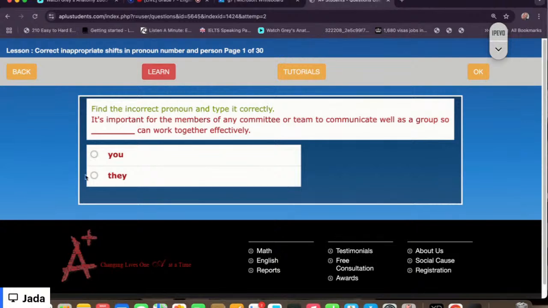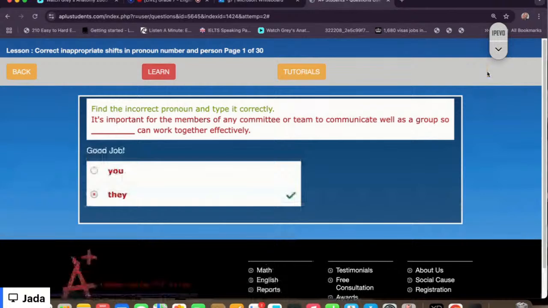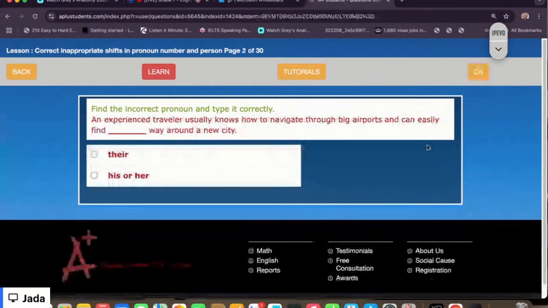So we will have they, so groups, so they can work together effectively. You cannot use you there, that would be inappropriate.